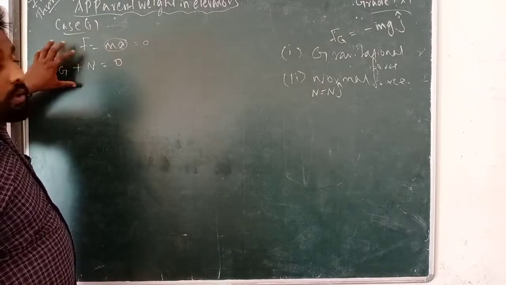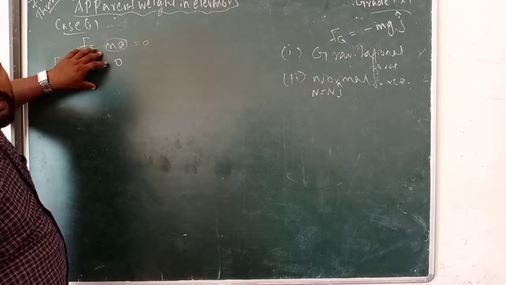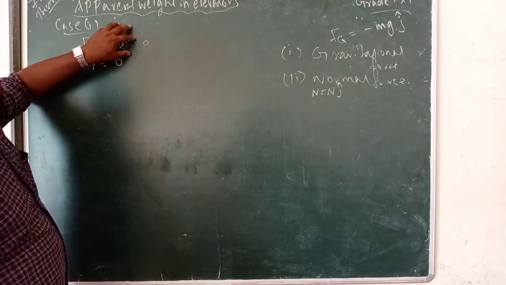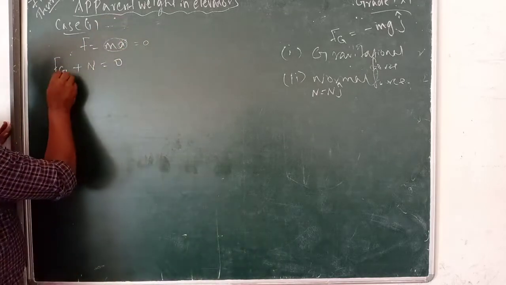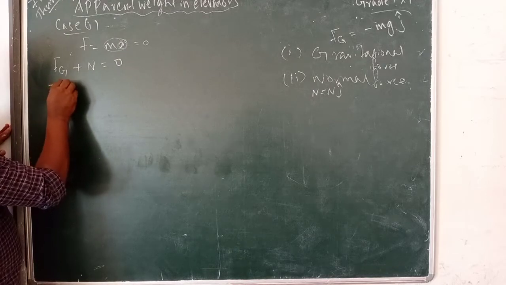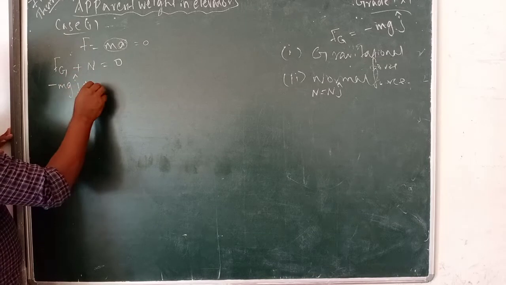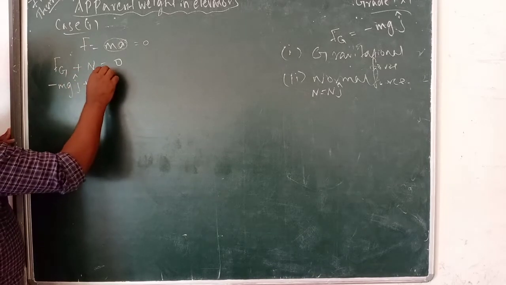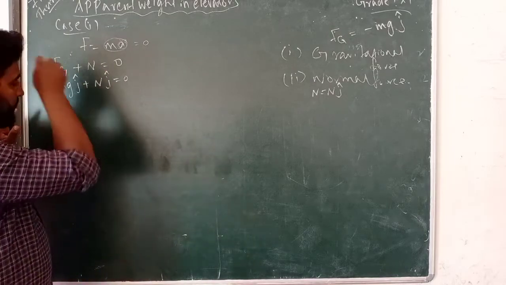The gravitational force acts downward, the normal force acts upward, and the acceleration of the person is 0. Now what is Fg? Downward gravitational force, minus mg j vector, plus n j equal to 0.